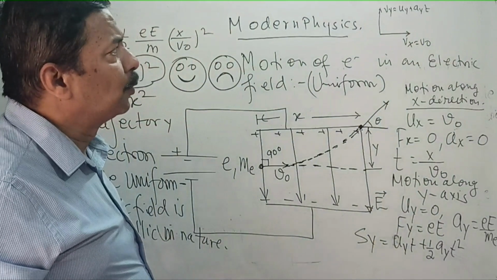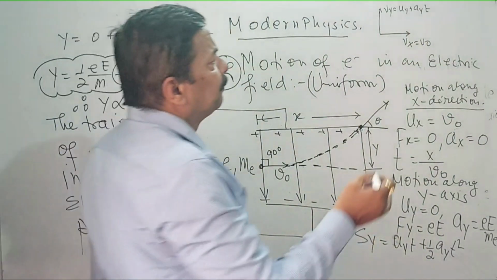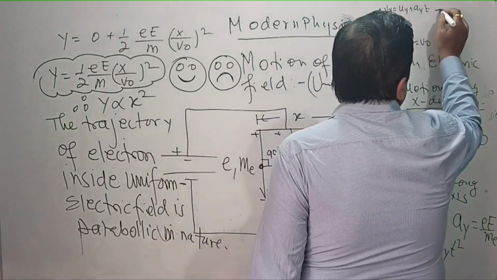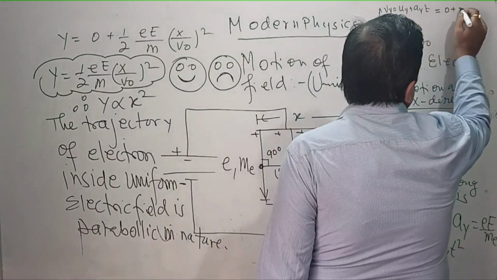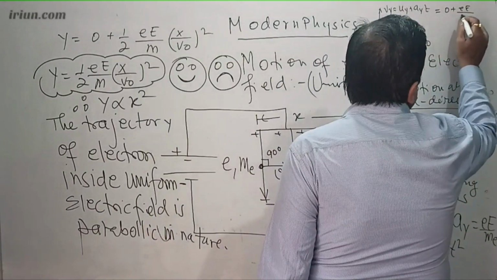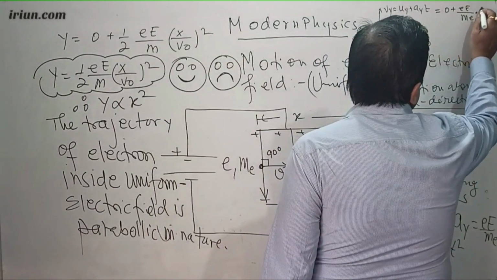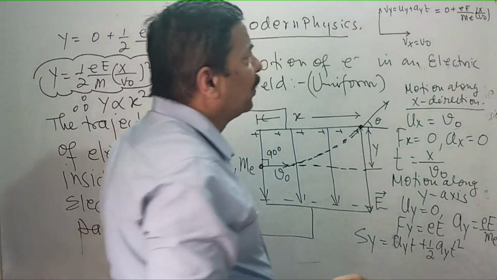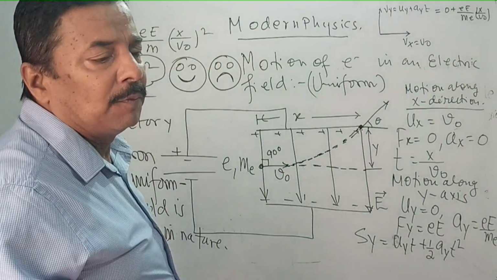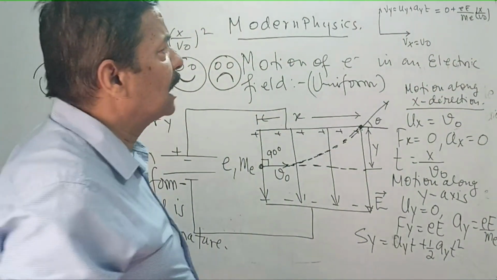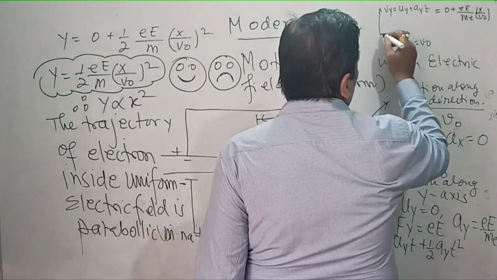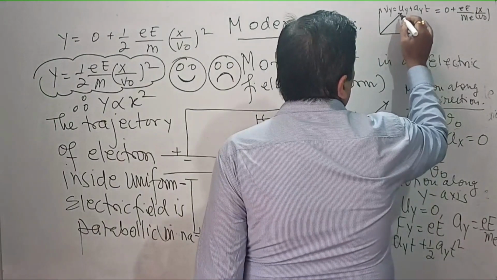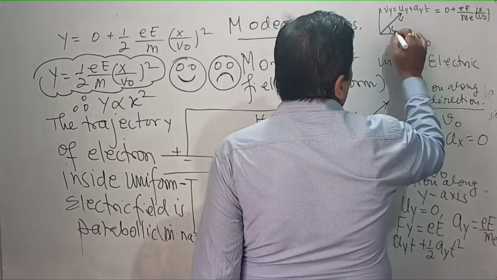V_y is equal to u_y plus a_y t. This is giving you the expression for V_y. We have found V_y, we have found V_x. So the resultant is this V, and this angle is theta.